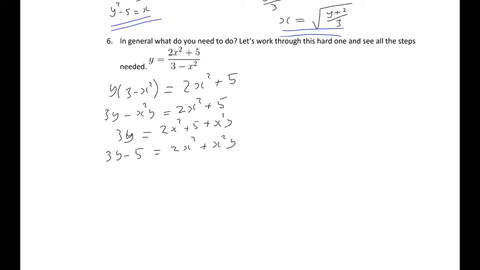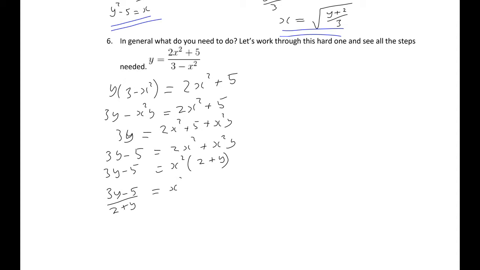Everything on the right hand side here has an x squared in it. Therefore, we can factorise that out of the bracket. 3y minus 5 equals x squared, 2 plus y. Now, we don't want to have that 2 plus y on the right hand side. We want to only have x squared. So we divide by 2 plus y, and we get 3y minus 5 over 2 plus y.